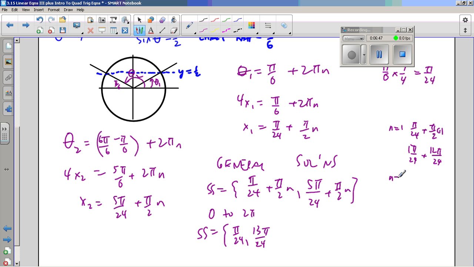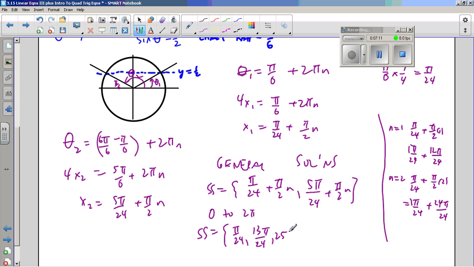And then for n equals 2, rough work, I've got pi over 2 times 2. Again, I could cancel this, but I need a common denominator anyway. This is plus another 12 pi over 24, or 24 pi over 24, and so this is 25.